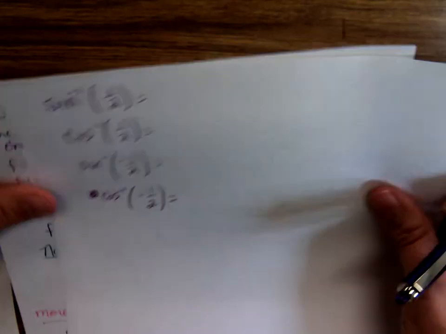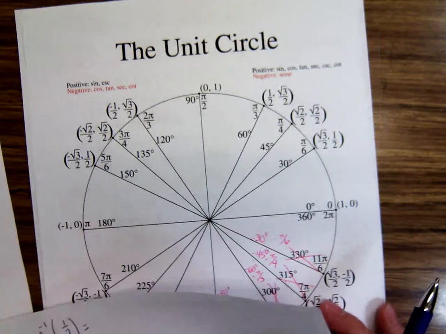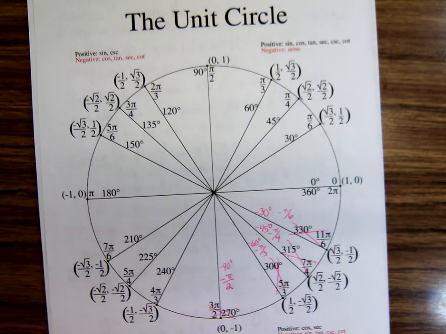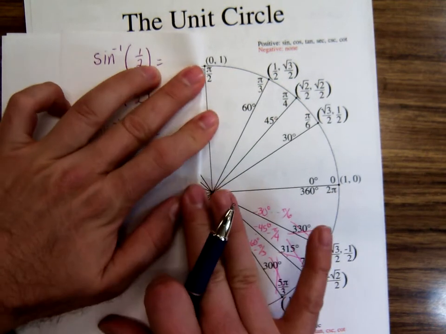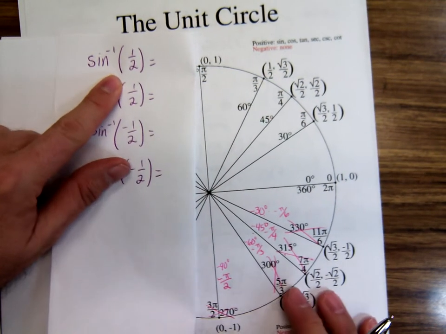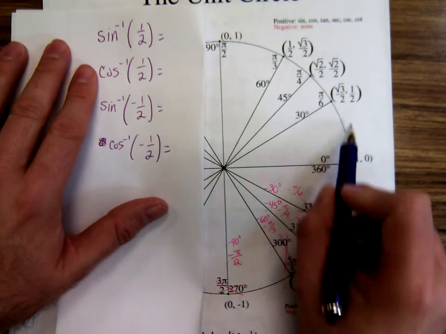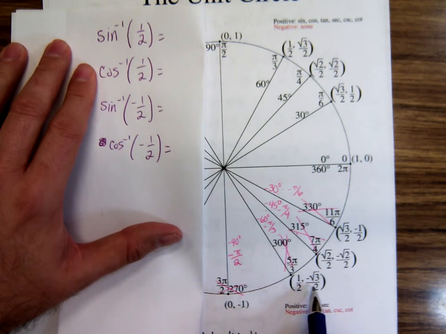We're going to look at the little unit circle. Inverse sine 1/2, you're looking between negative pi over 2 and pi over 2. You're looking at the y coordinates.